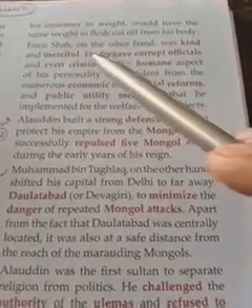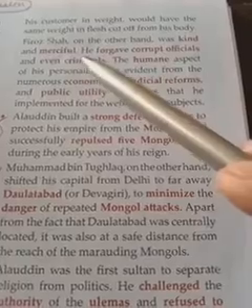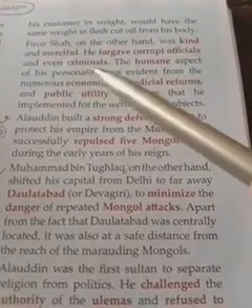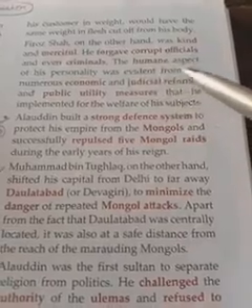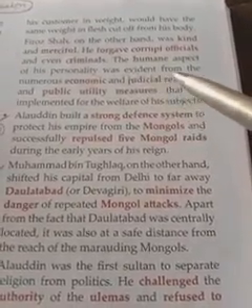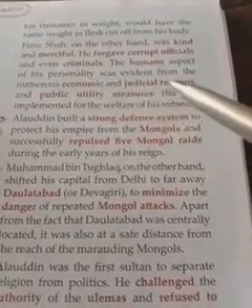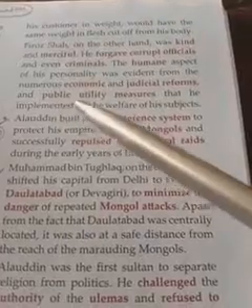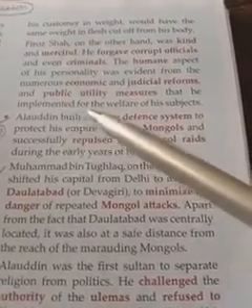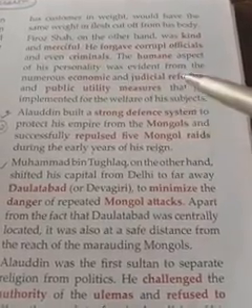Firoz Shah, on the other hand, was kind and merciful. He forgave corrupt officials and even criminals. The human aspects of his personality were evident from the numerous economic and judicial reforms and public utility measures that he implemented for the welfare of his subjects.